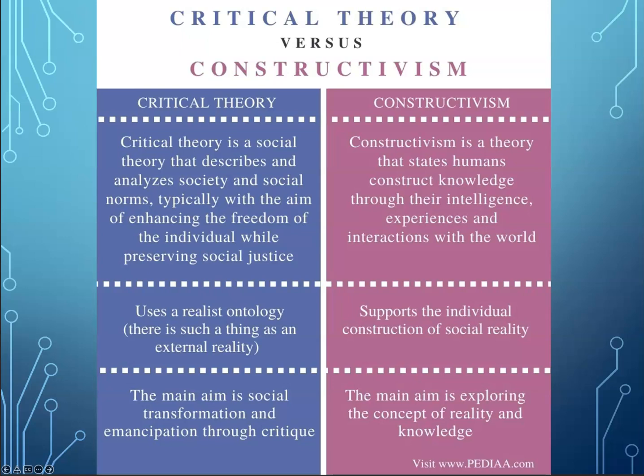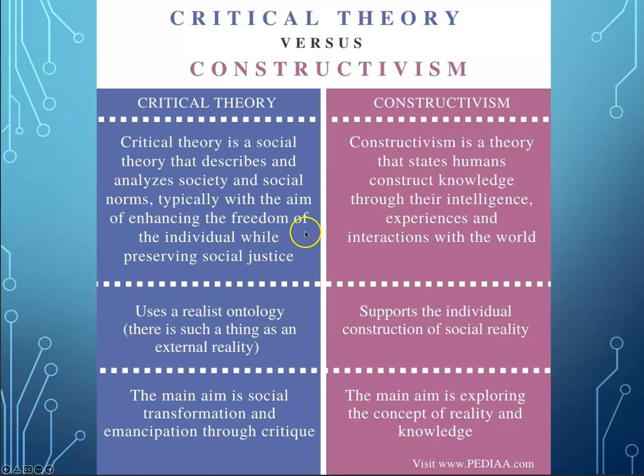capitalist forces, for example. So lastly, I have a chart here that compares critical theory versus constructivism. And I think it's interesting to look at just the slight differences, but significant differences between them. So while critical theory is a social theory that describes and analyzes society and social norms, typically with the aim of enhancing the freedom of the individual while preserving social justice, constructivism is a theory that states humans construct knowledge through their intelligence, experiences, and interactions with the world.